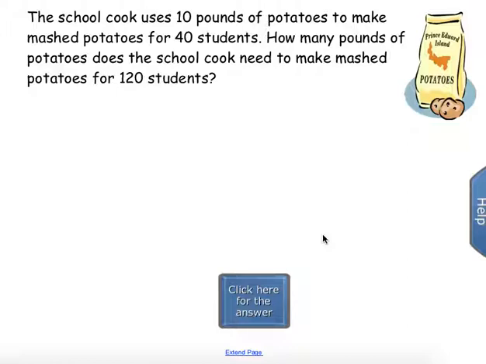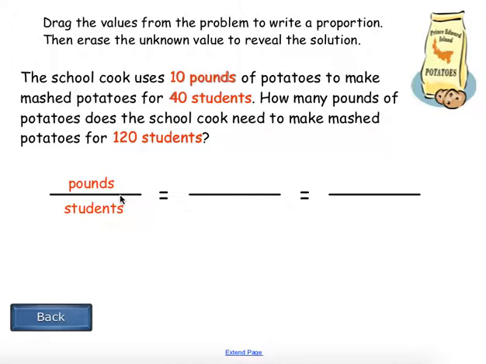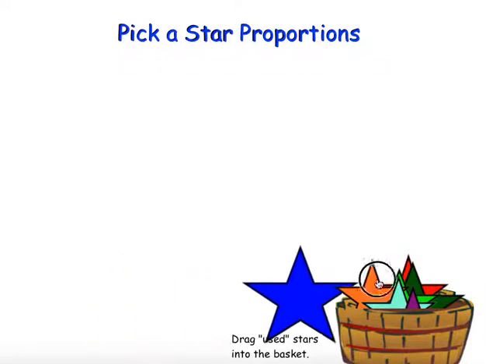How many pounds does the school cook need to make mashed potatoes for 120? Once again, you can do a unit rate or a proportion, but regardless, from 40 to 120 students, that's times 3. So our pounds, we are going to have to multiply by 3 and get 30 pounds of potatoes.